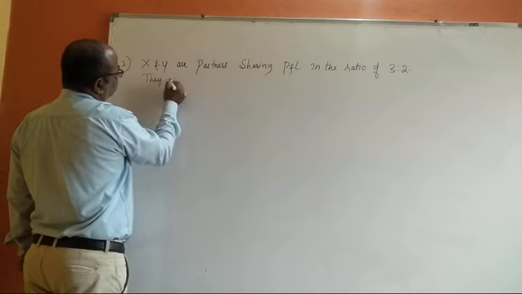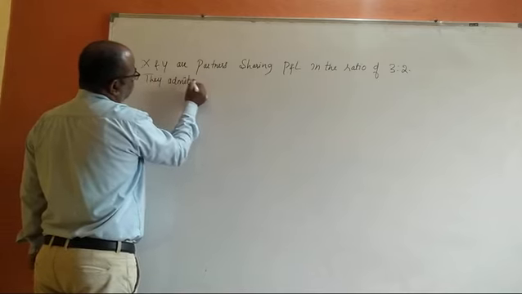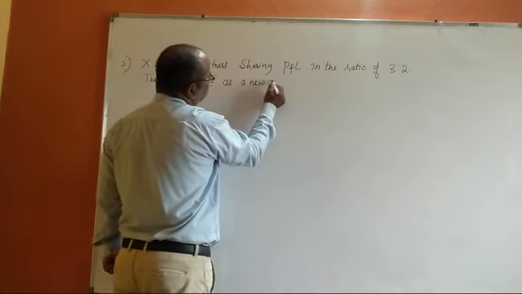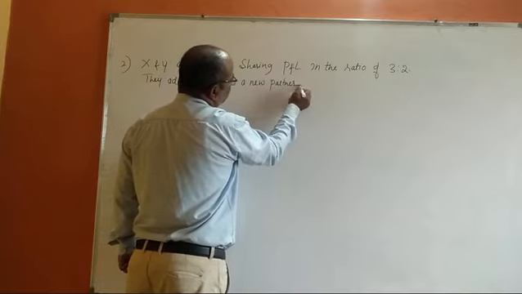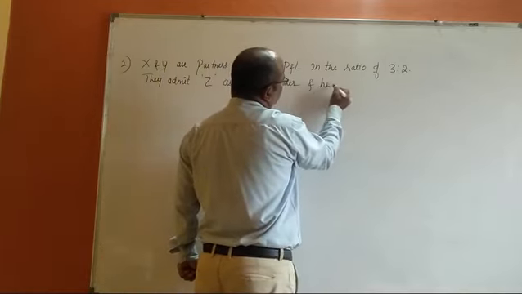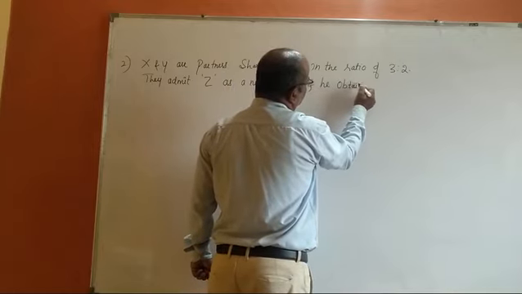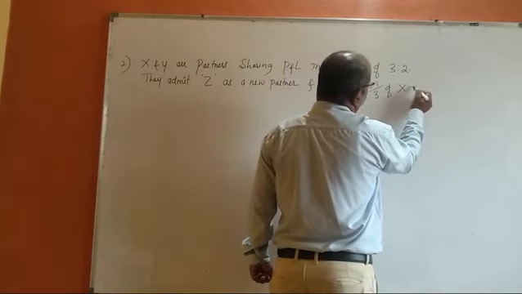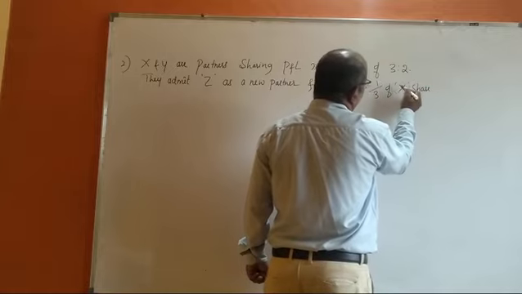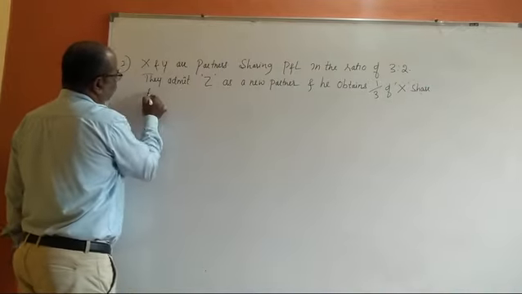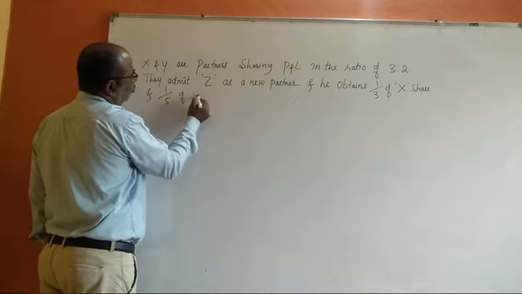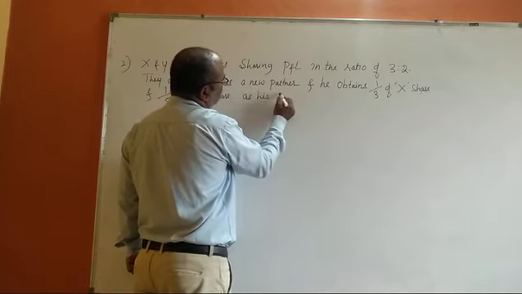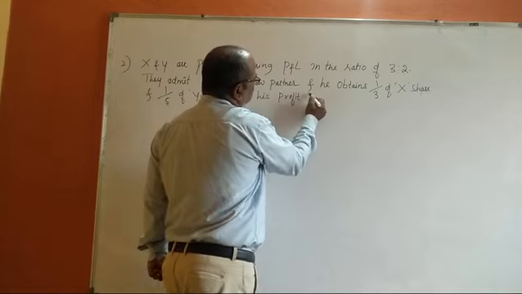They admit Z as a new partner and he obtains 1/3 of X's share and 1/5 of Y's share as his profit sharing ratio.